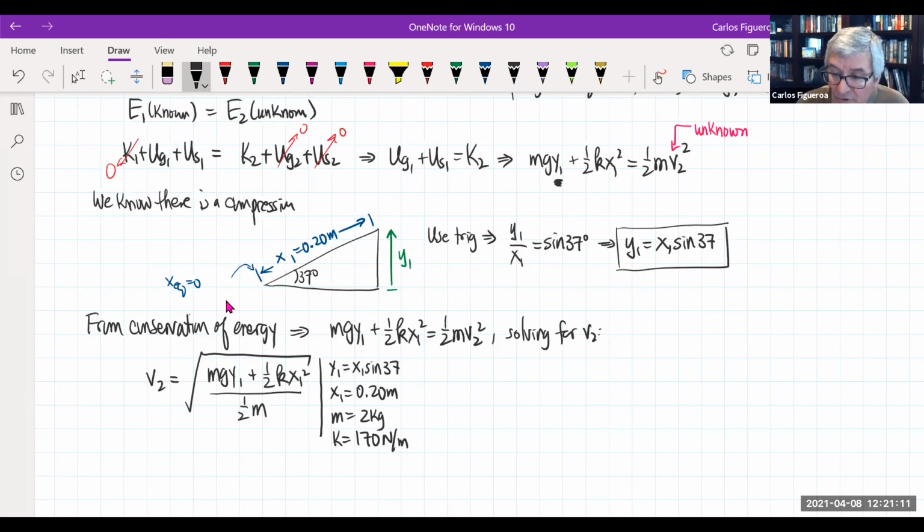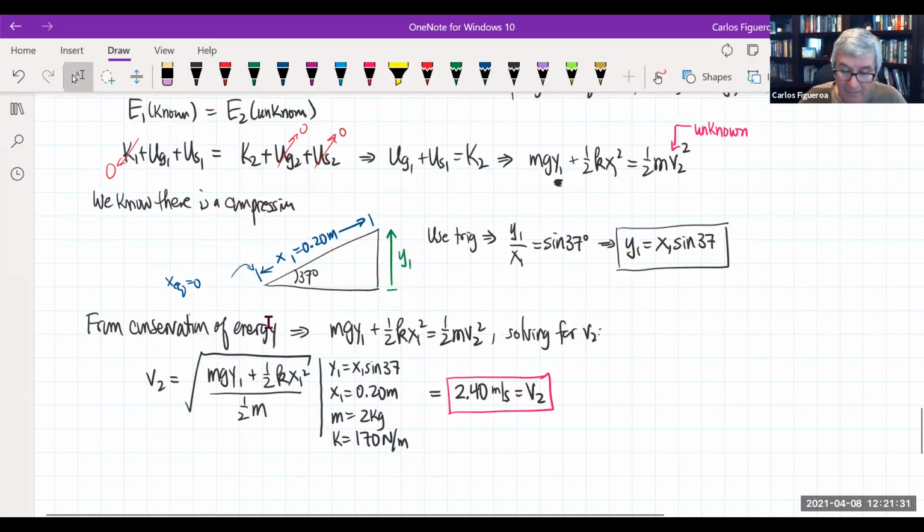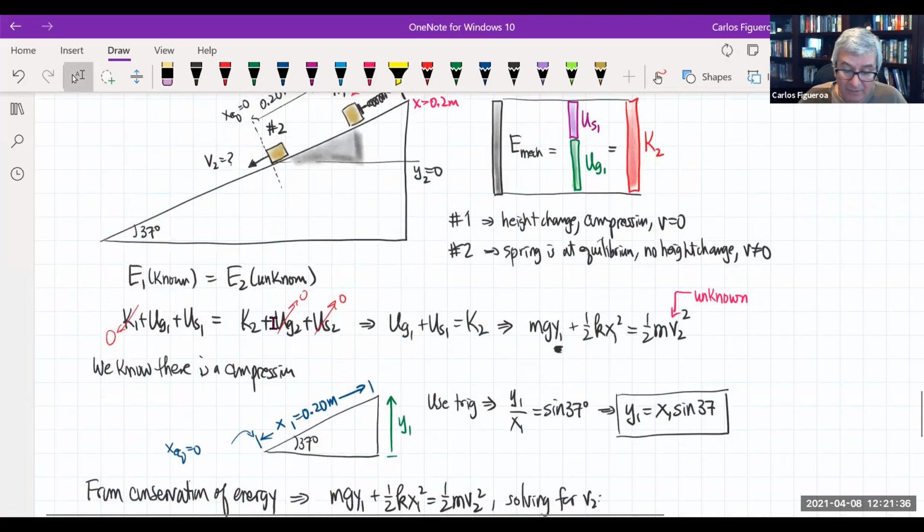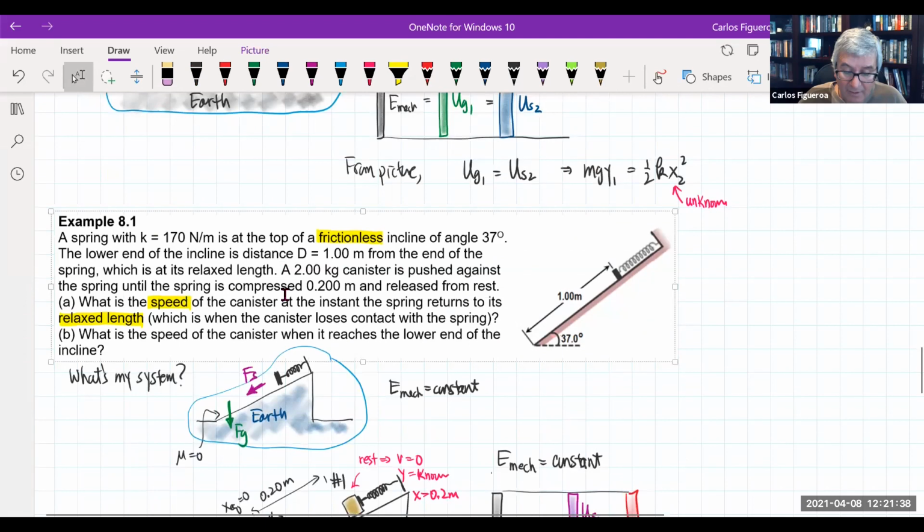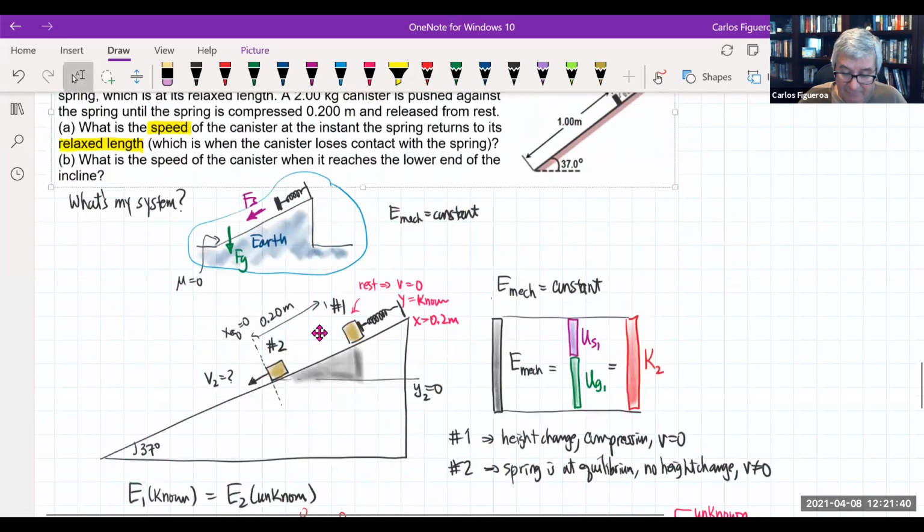If you punch all of these numbers in, I now have a speed of 2.40 meters per second, and this is velocity 2. And now I have my speed through conservation of energy. Let's set up the second piece before we leave.